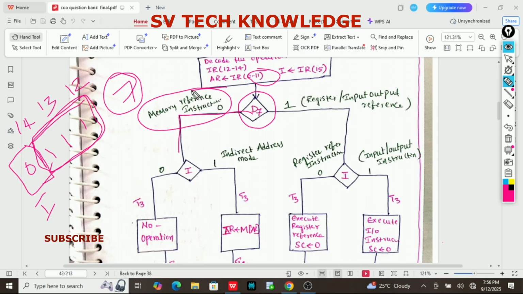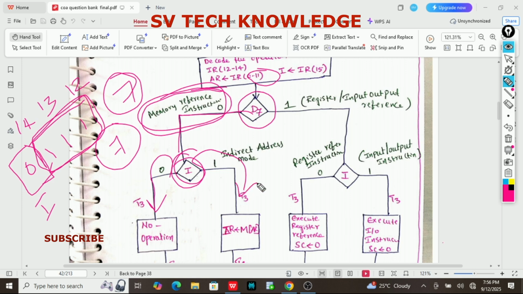We have a total of 7 memory reference instructions, which we discussed in the last class. In memory reference instructions, if the I bit is 0, it is direct addressing, and if the I bit is 1, it is indirect addressing.